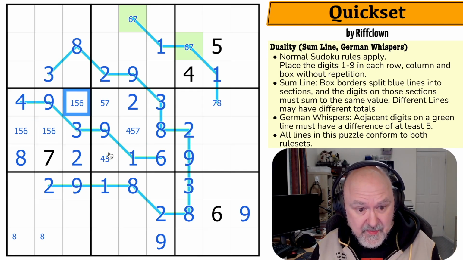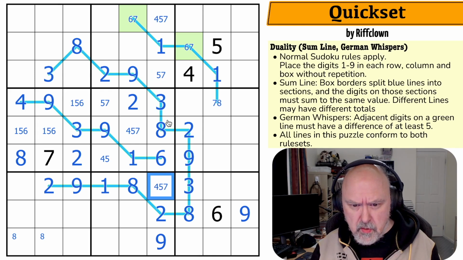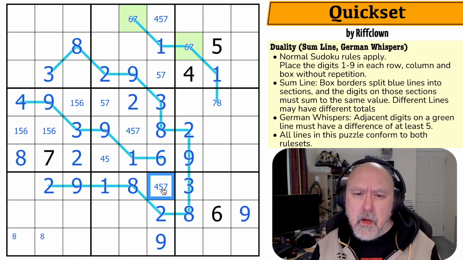I'm actually not sure about that at all. This column? 4, 5, 7? Well, that one's not 4. Huh.